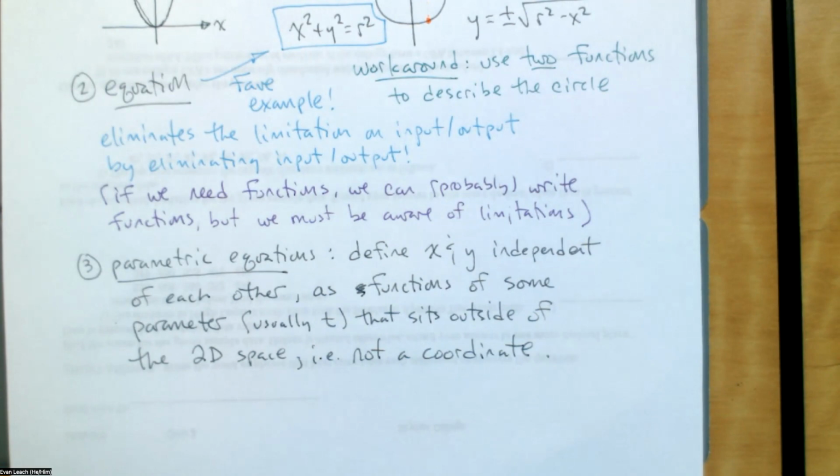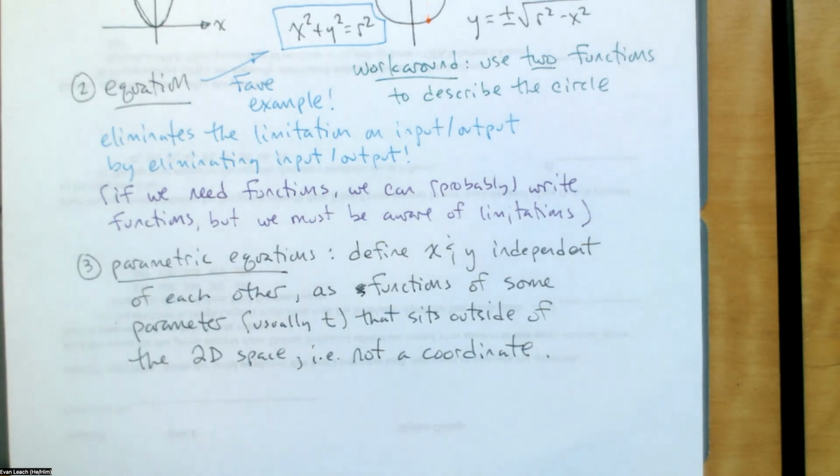So this is our goal with parametric equations. Make x and y independent of each other and write them as functions of some parameter that sits outside of the space. It's not one of the coordinates. We're just using it to draw x and y.